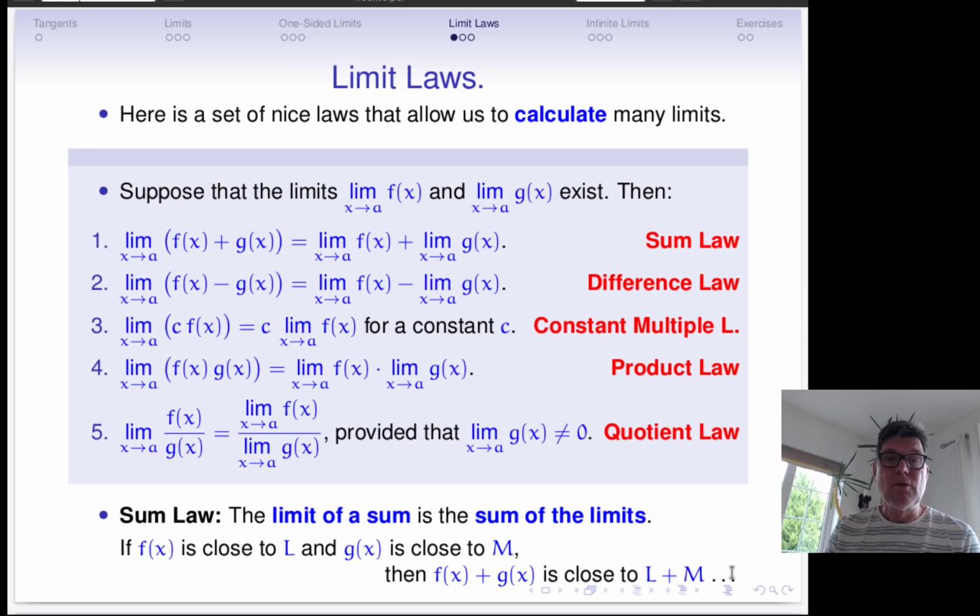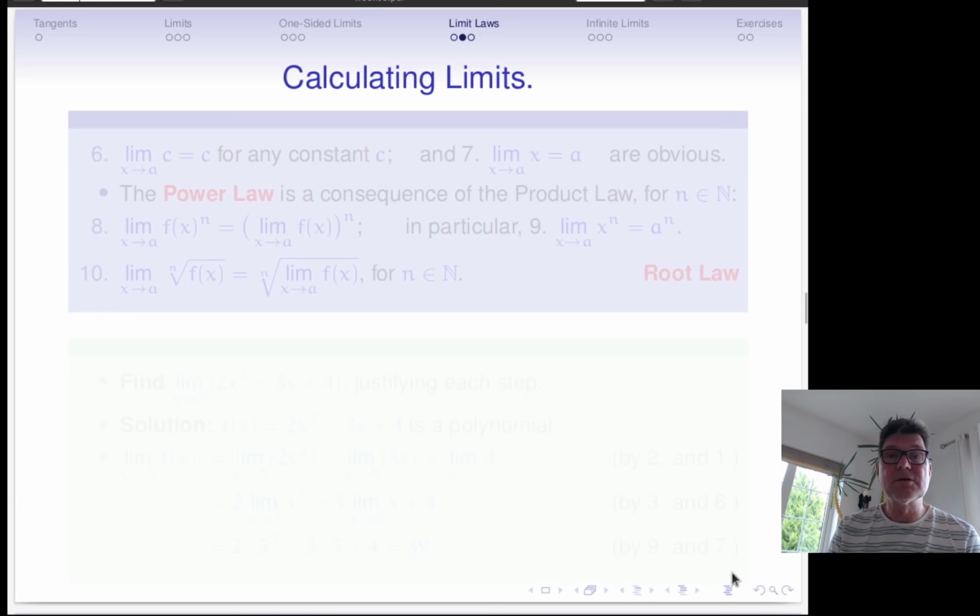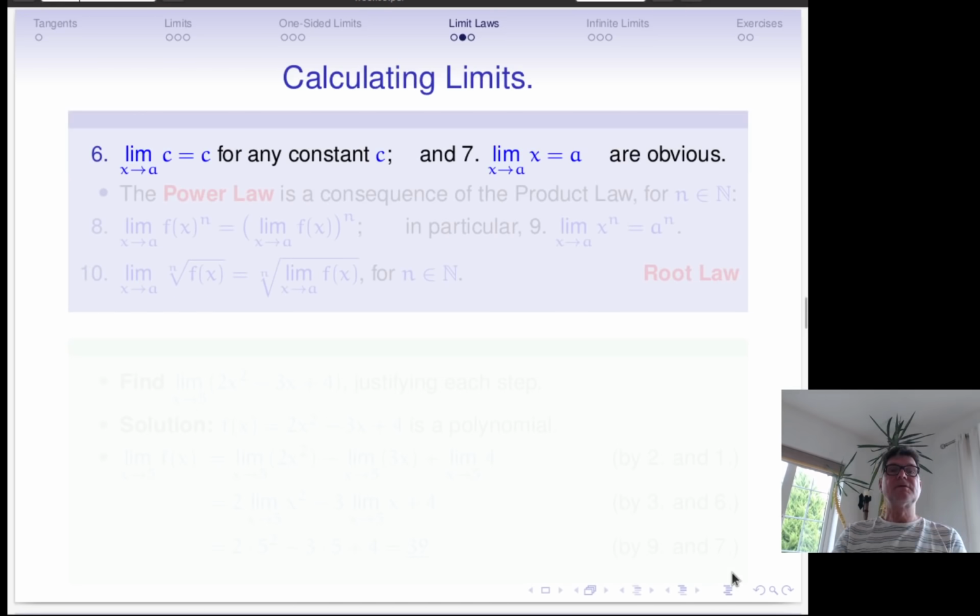And these limit laws can be proved properly with calculus methods. We won't do this here. We concentrate on the application of the limit laws to calculate limits. When we calculate limits, we use a few more laws or insights.